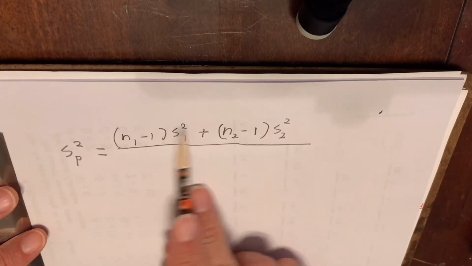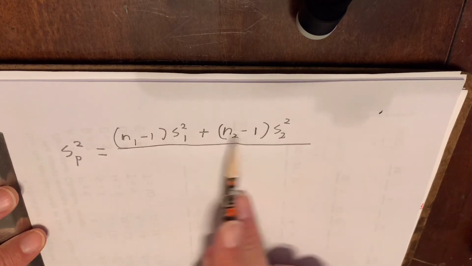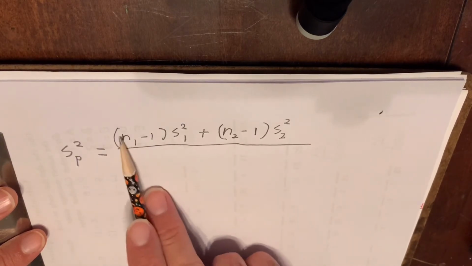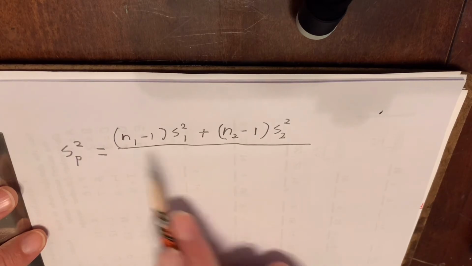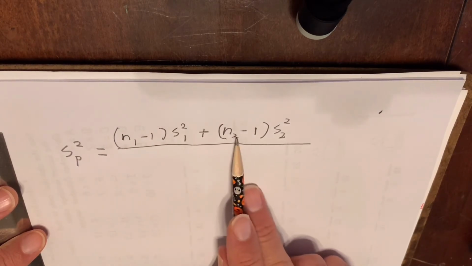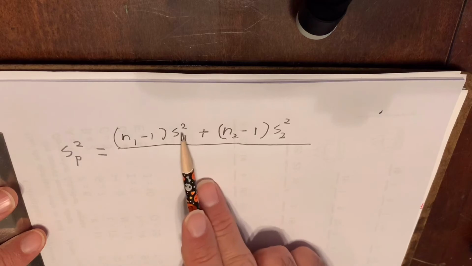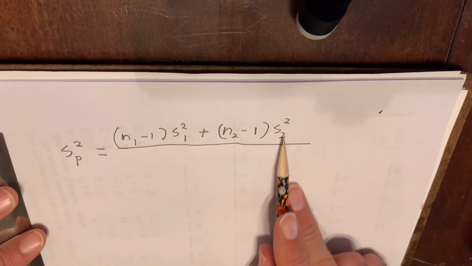So this is the sum of squares from the first group. This is the sum of squares from the second group. Remember, this is the sample size in the first group. This is the sample size in the second group. This is the sample variance in the first group. This is the sample variance in the second group.